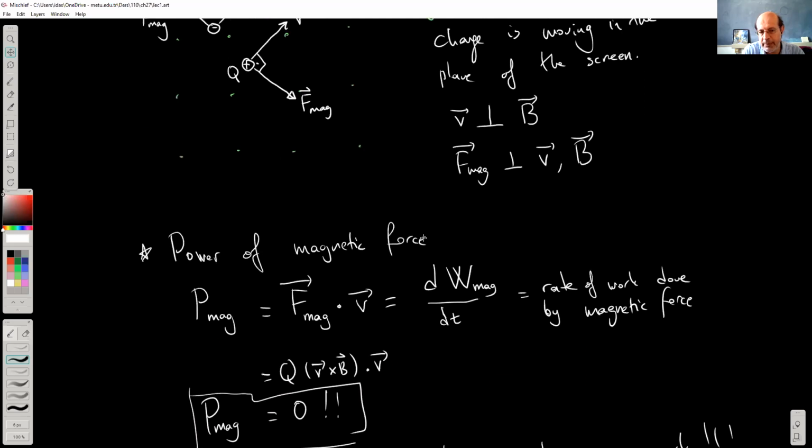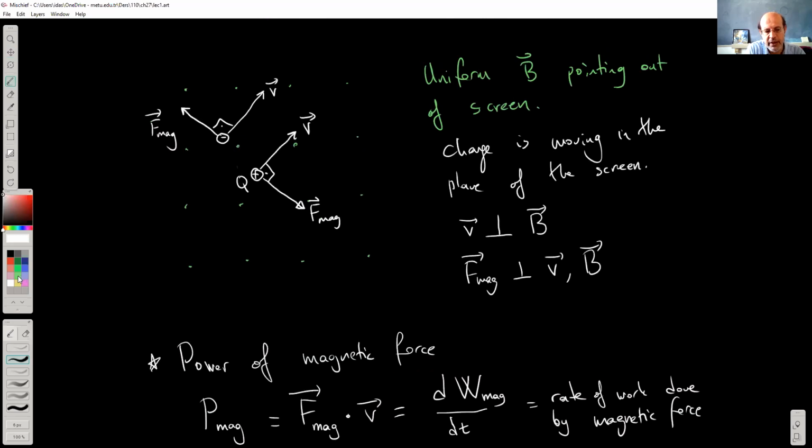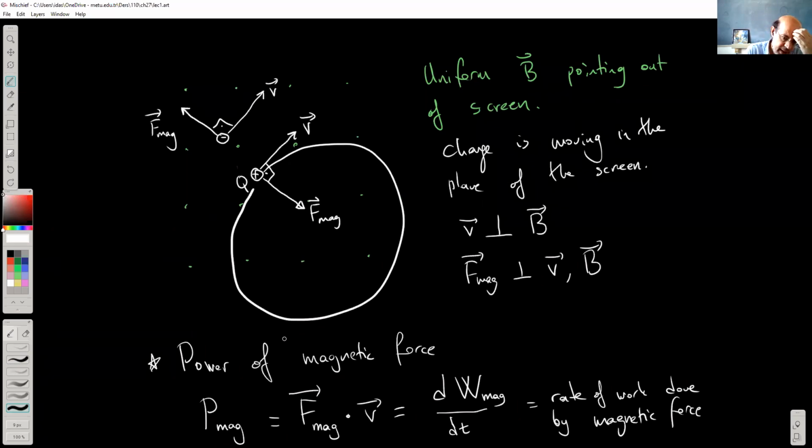So this implies that at least for this motion, the particle basically does a uniform circular motion, right? It's a circular motion where the speed is constant. The velocity changes direction, and all of the conditions are right in here.